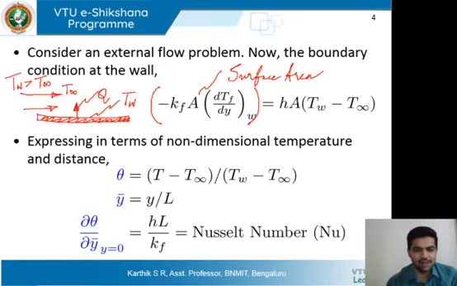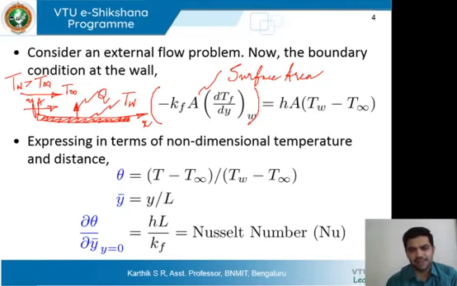Let us assume that this is x and the vertical coordinate is y. So the gradient in the y direction, dT by dy at the wall, should be equal to hA (Tw minus T infinity), which is the heat convected. Since a surface cannot retain any heat, this equality should always hold good.